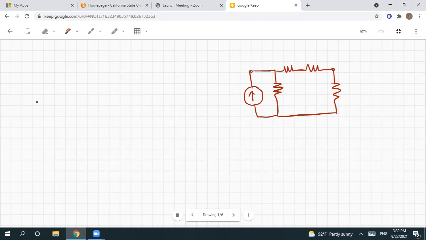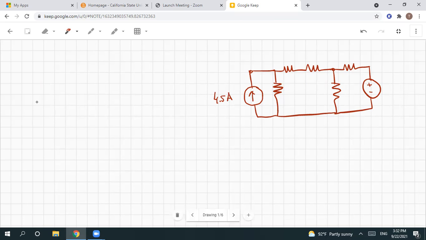I'm doing the same examples that we have in the lectures. So we have this circuit. Let me see what we have. Here we have a current source, 4.5 amps.